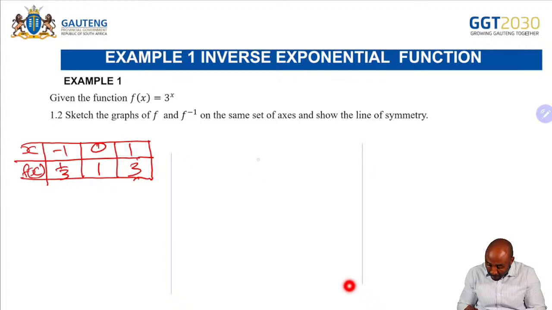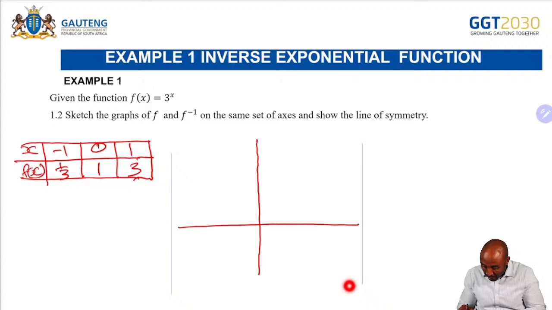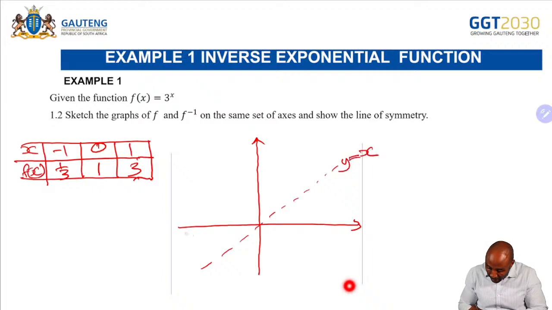So I'm able to sketch my function using that, on my Cartesian plane. And remember, we should have our reflection line, y is equal to x. Now, I know that my asymptote here is the x-axis, and along the x-axis y is equal to 0. This is an asymptote.